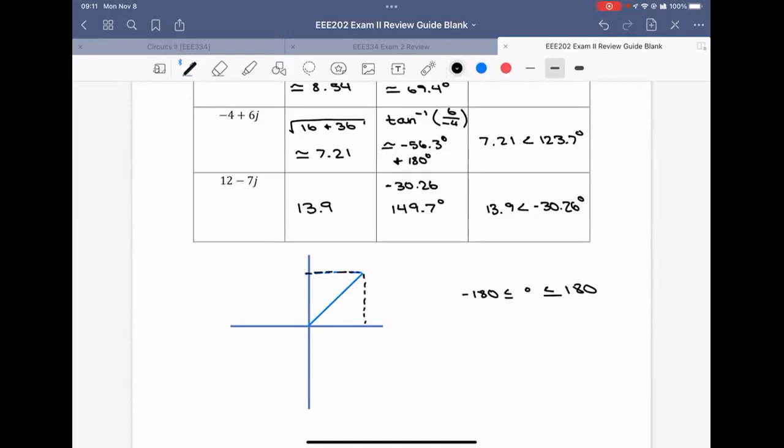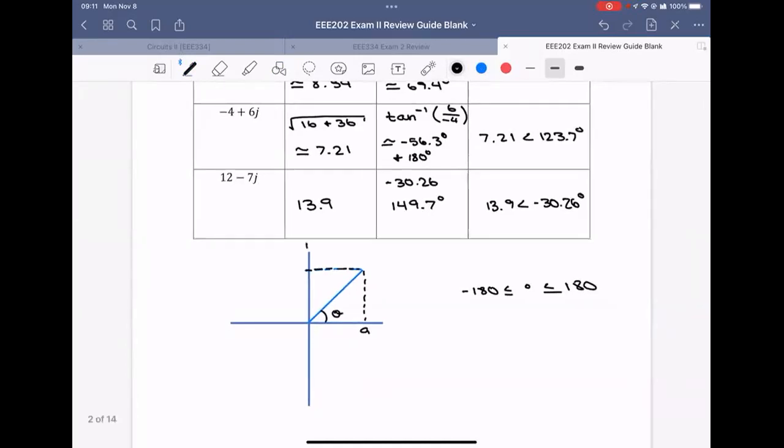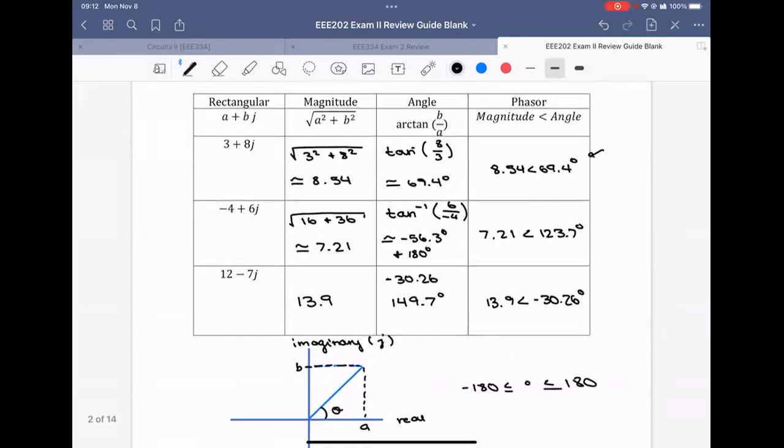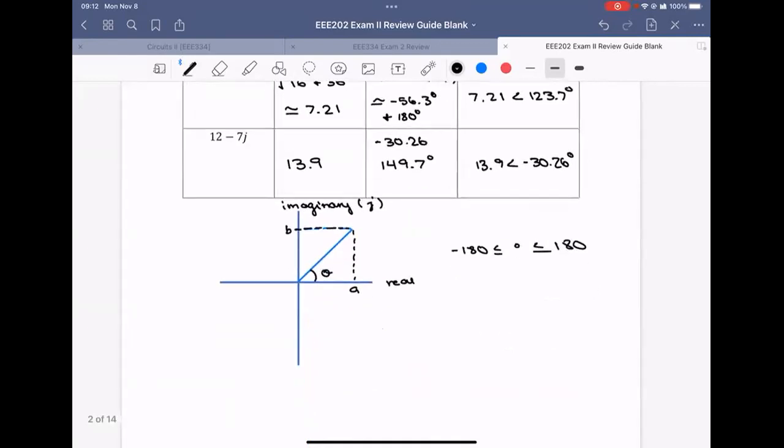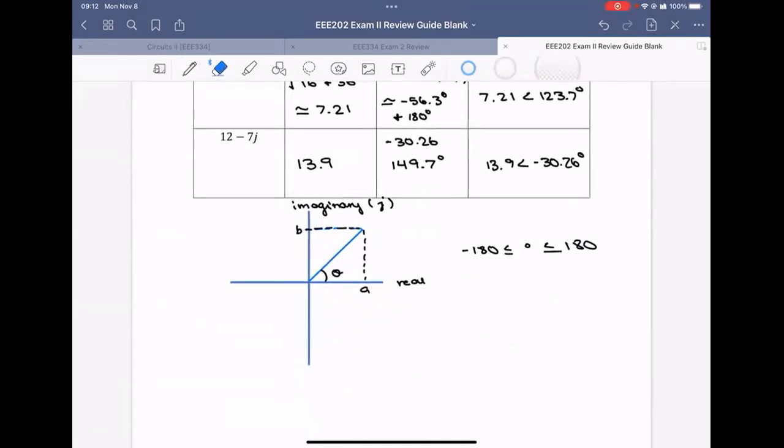We have our angle theta here and our A and B. B is the imaginary axis, so Y is our imaginary and X is going to be our real, so the imaginary J. And this is why we're getting the arctangent of B over A. That's how we're getting these points. So if you do forget at any point or lose track, try and visualize that. That might help you out.